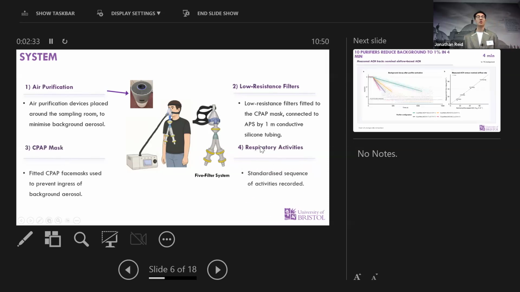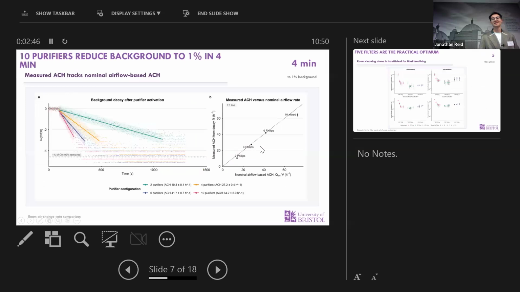The participants are required to do a sequence of standardized respiratory activities, including tidal breathing, deep breathing, conversational and loud vocalizations.